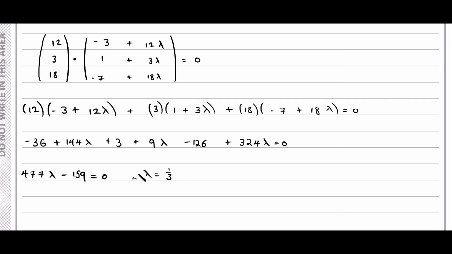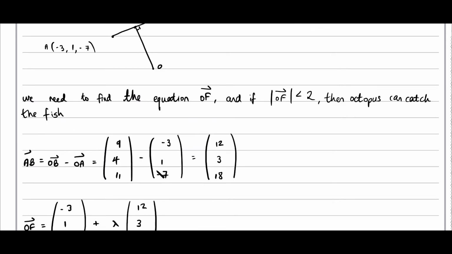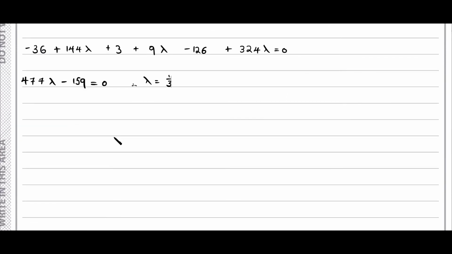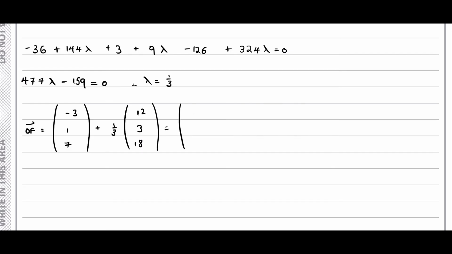So knowing that lambda is equal to 1/3, we can find out what the coordinates of F are by substituting 1/3 into here. So therefore, OF is equal to -3, 1, -7 plus 1/3 lots of 12, 3, 18. So we have -3, 1, -7 plus 4, 1, 6.